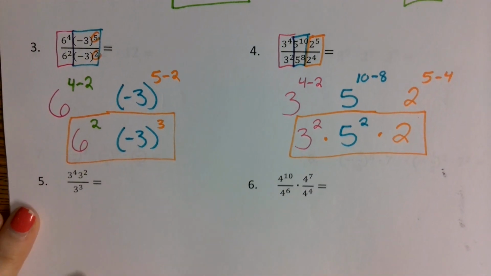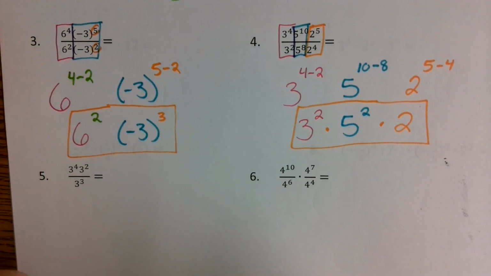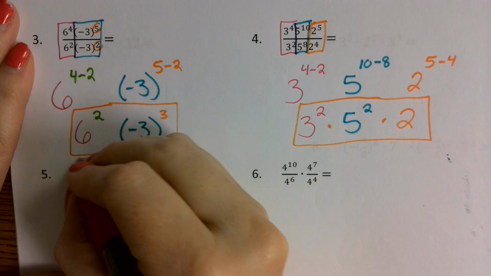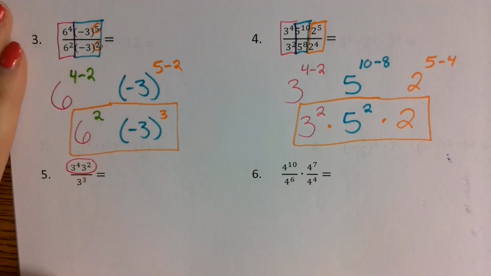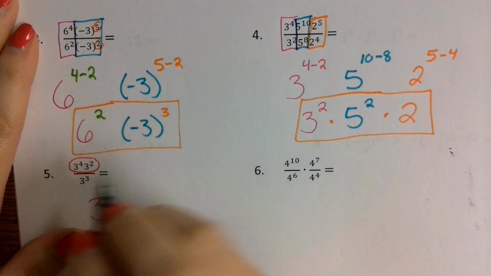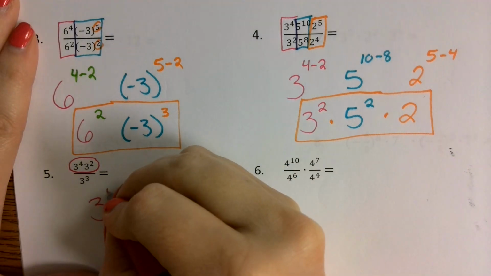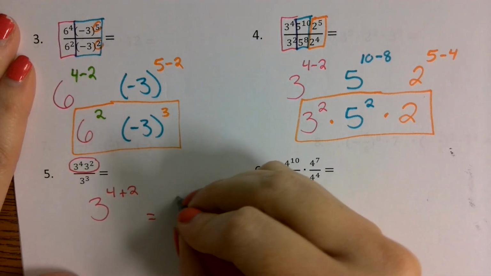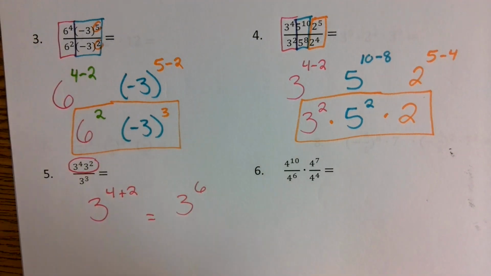For problem number 5, you have both product and quotient. So I'm going to go ahead and do the product up here first. That means I'm going to add my exponents. I'm going to do 4 plus 2 first, which would come out to 3 to the 6th power.